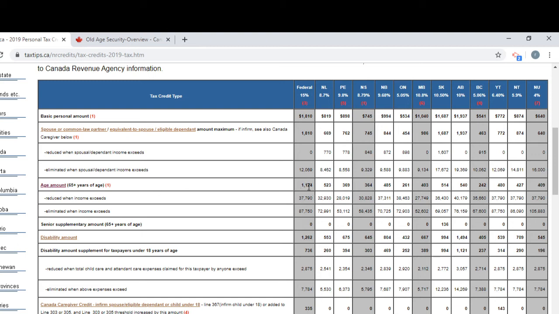The maximum credit is $1,124 federal, starts to disappear at $37,790 of income, and is completely gone by $87,750. Then every province has their own. So here's Ontario. Age amount, 261 is the credit. It starts to disappear at 38,463 and is completely gone by 72,903. And you can see a few of the other things in here.